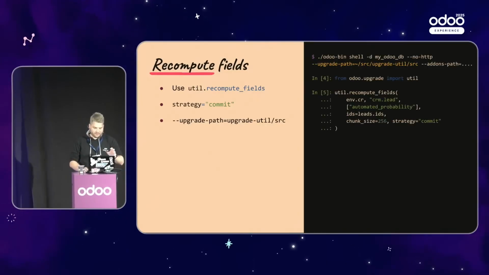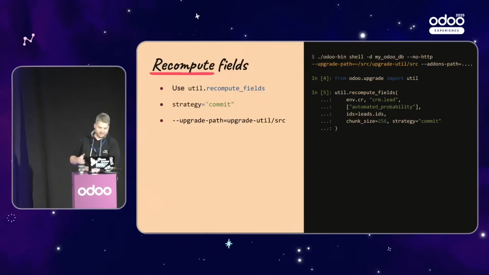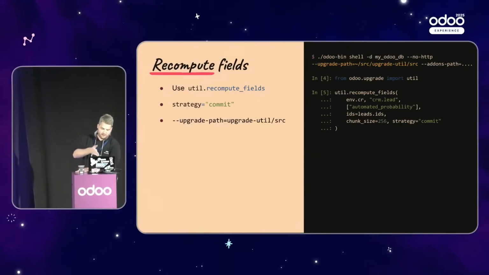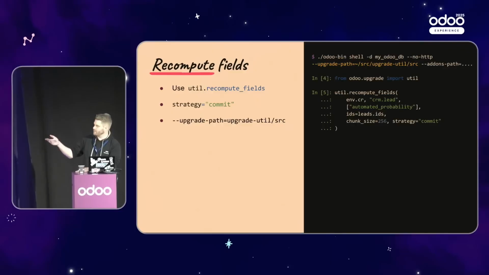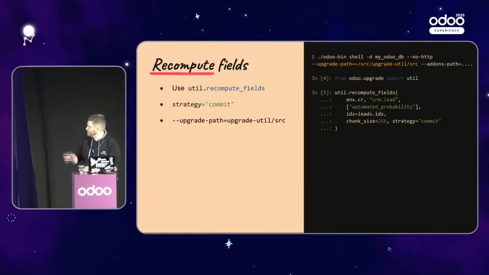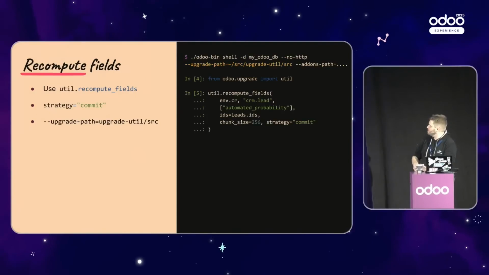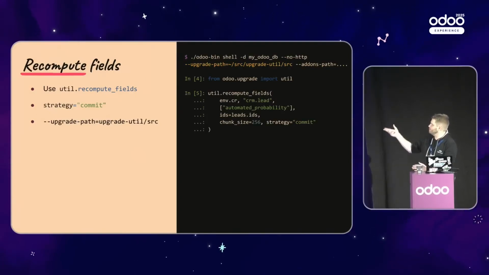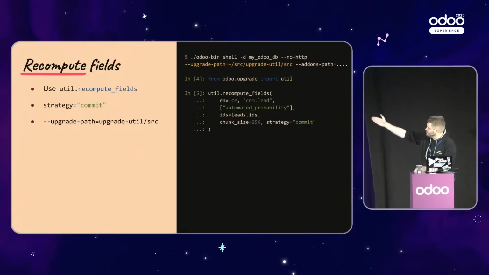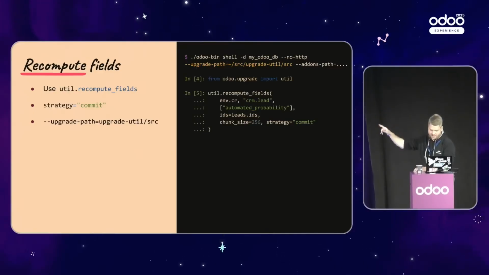And to load the upgrade util, you just have to use the flag upgrade path. And here take the path, that's the default path of a repository, like that. And you can see in my example here, so I add that path, then I import it from Odoo upgrade, and from there I can call recompute fields, where here I recompute the automated probability fields for the defined set of leads, as you can see here.